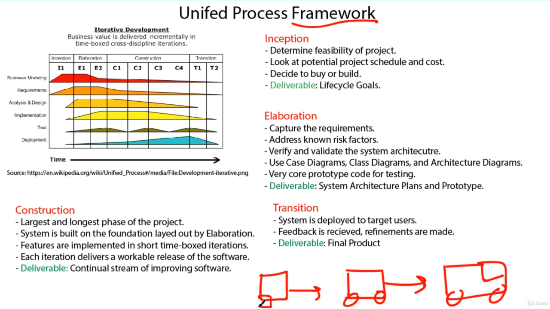So here, even we could put square blocks on here. It's still a car. It still is able to be driven. But over time, we're making it better and better and better. We're adding more features. We're getting a little bit of feedback, and we are adding more features because of that feedback and making better and better iterations.